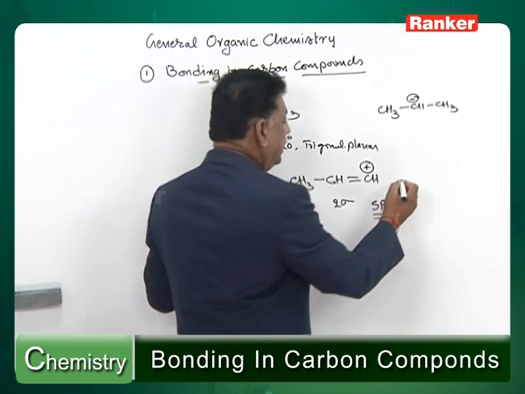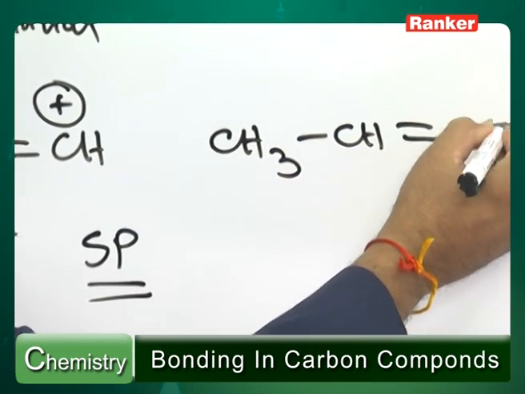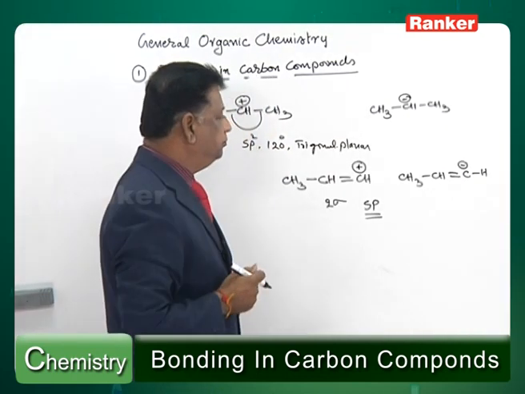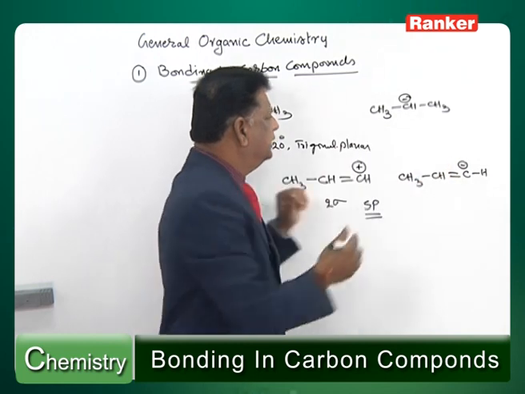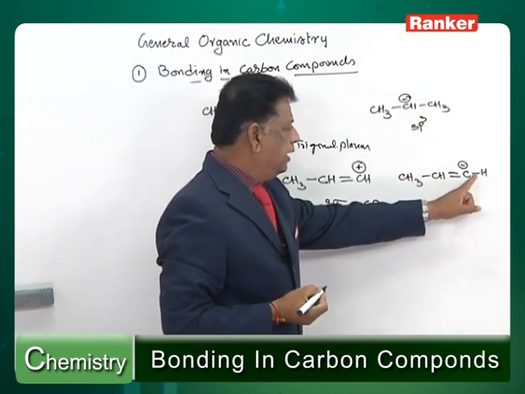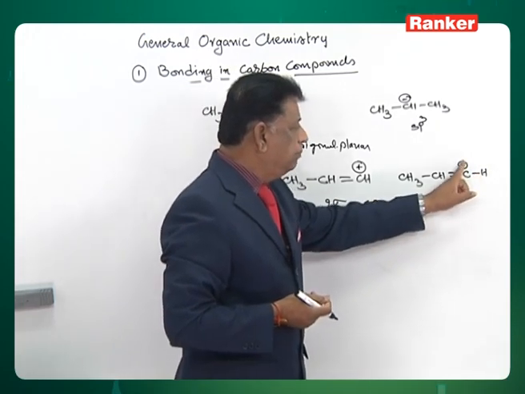Okay. Similarly, CH3 CH double bond C with H and a minus charge. Now, here, for carbanions I said it is sp3 hybridization, but here how many hybrid orbitals does this carbanion have? 2 hybrid orbitals and a pair of electrons.